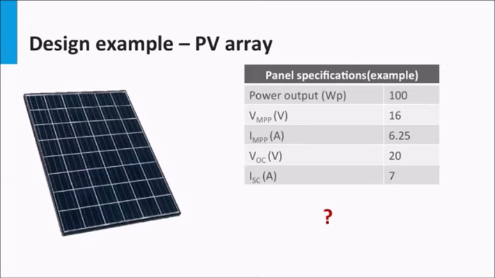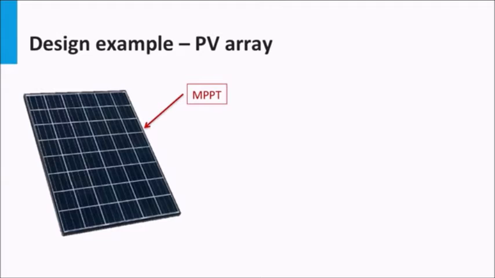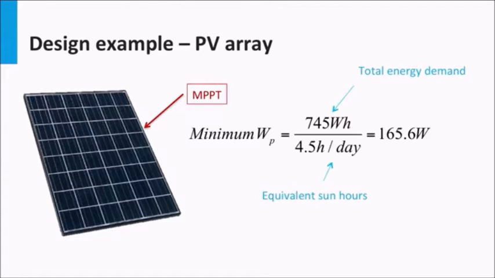We have been given a particular type of PV panel that has the electrical parameters as shown. The panel is rated at 100 watt peak. Assuming that the panel would be operated at its maximum power point, we can find out the required number of panels as follows.